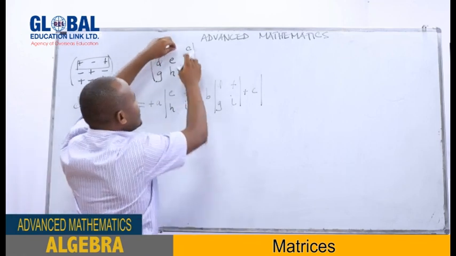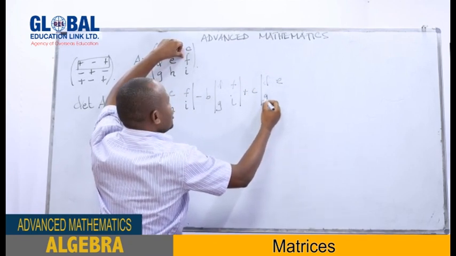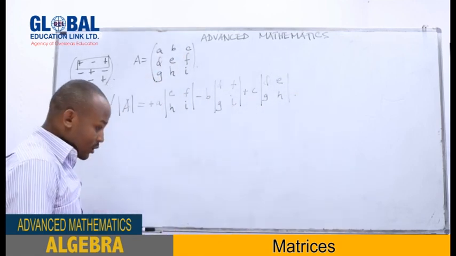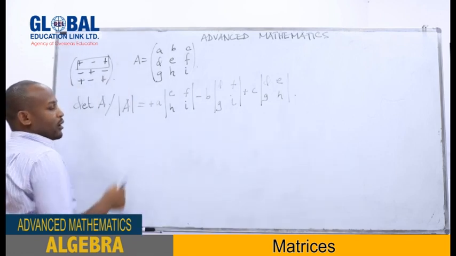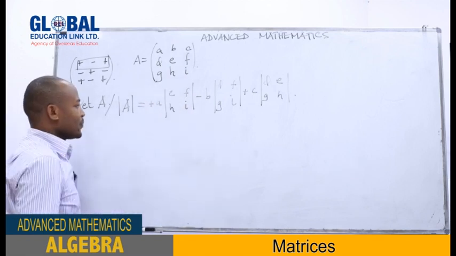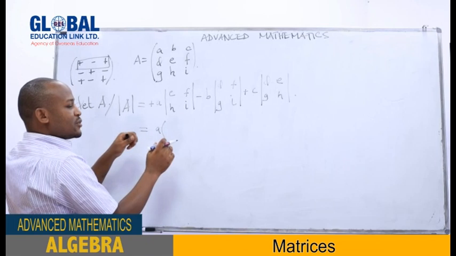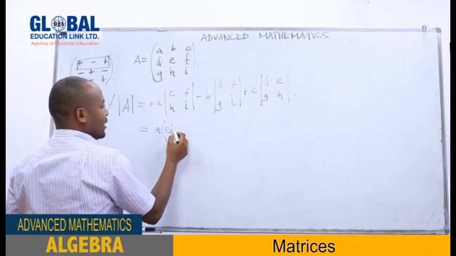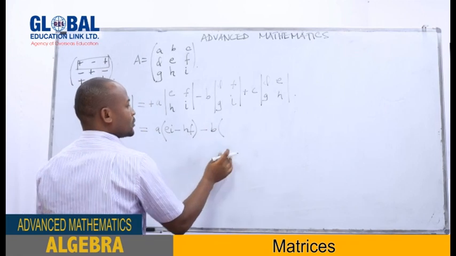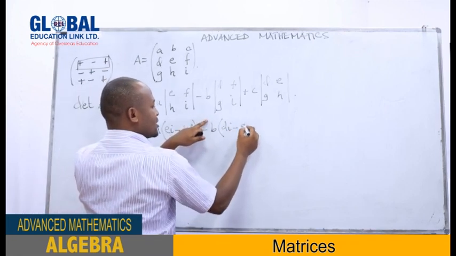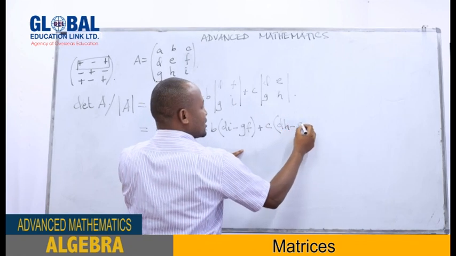As before, the column and the row go, so we are left with D, E, G, and H. Manipulating that expression, the answer you obtain is called the determinant of the matrix A. To simplify, we have A times the determinant of a 2 by 2 matrix, which is the leading diagonal, EI, minus HF, minus B times DI minus GF, plus C times DH minus GE.